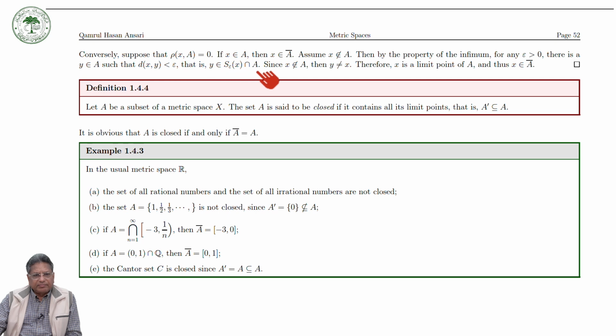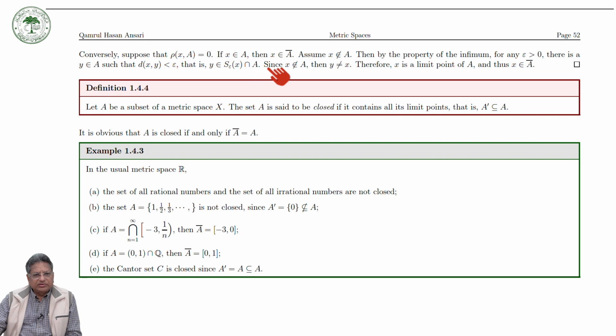It means that y lies in the open sphere with center at x and radius epsilon, and of course it is in A, so in the intersection with A.